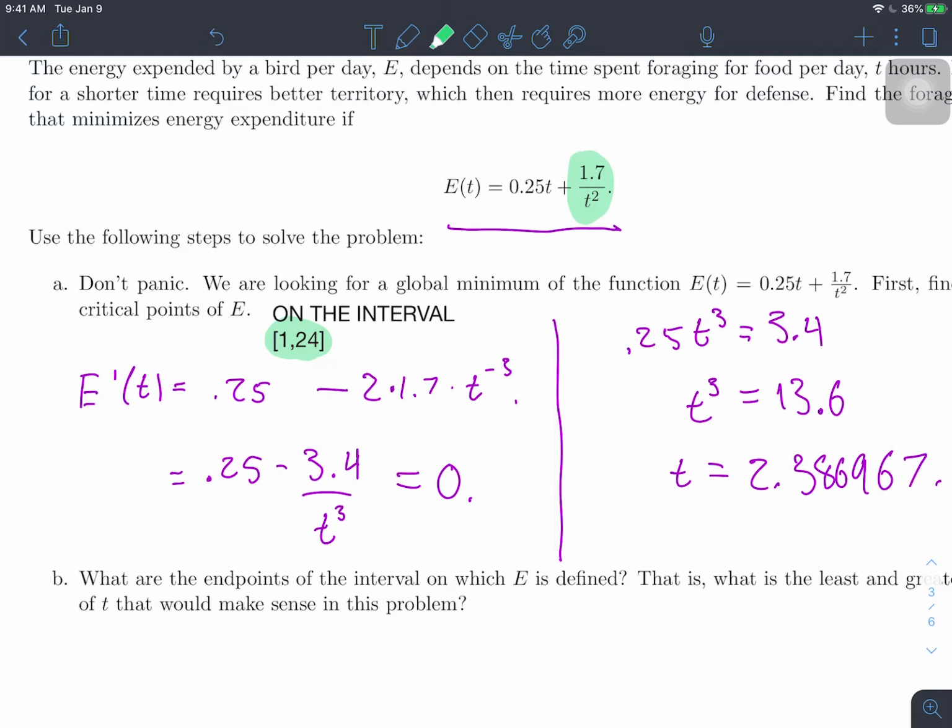We need to find all of the critical points in this interval. Since 0 is not in this interval, I'm not going to list it as a critical value.